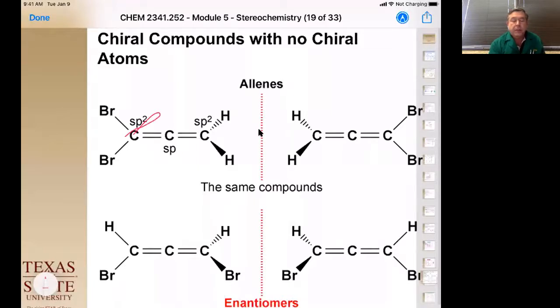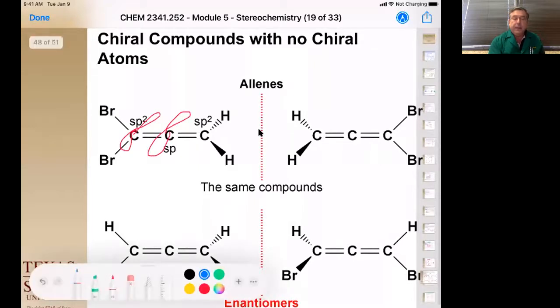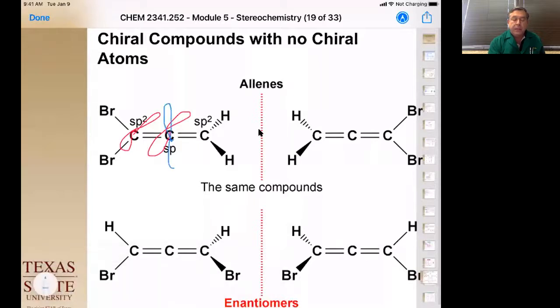So we have our p orbital out like this to make that first double bond, and then the p orbital out like this to make that second double bond. Because one of the pi's is in this plane and one of the pi's is in this plane, it's fixed in space. So now we have 4 different groups that are fixed in space.